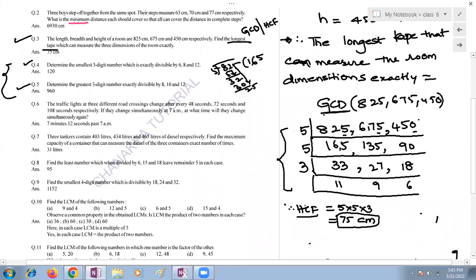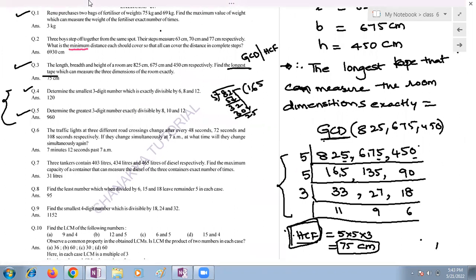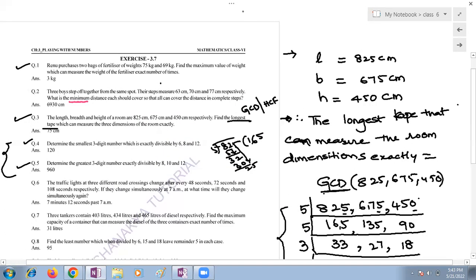But ma'am, if we do only till the prime number, then we should also multiply that. We are doing only the HCF part. Ma'am, what if the number is composite till the end in LCM? You need to do it until it is divisible, further simplify. The composite number should become prime.